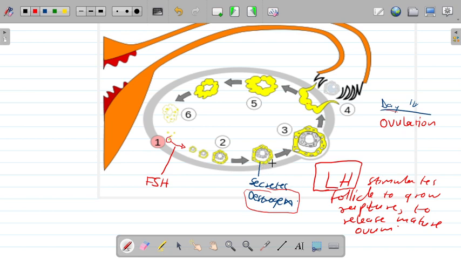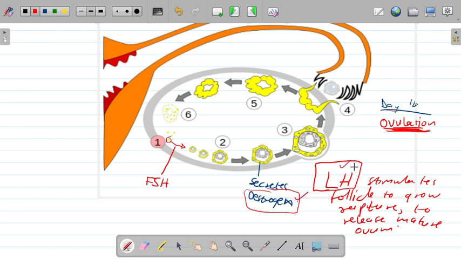Right. Okay. Now, after ovulation, on day 14, ovulation happens. That means the release of the mature ovum. Notice that on day 14, if I was to give you a graph, which hormones would be at their highest?